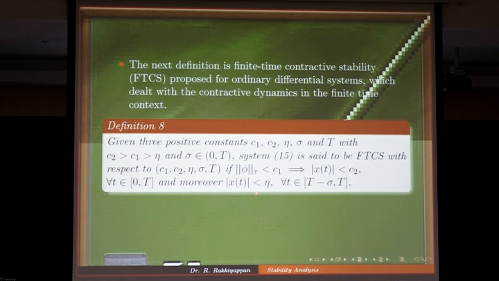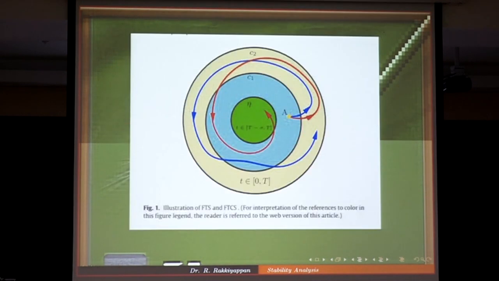Moreover, norm x of t is less than eta also. This is the new parameter, and for it we have an additional condition. If this condition also holds, the system is said to be finite time contractive stable.